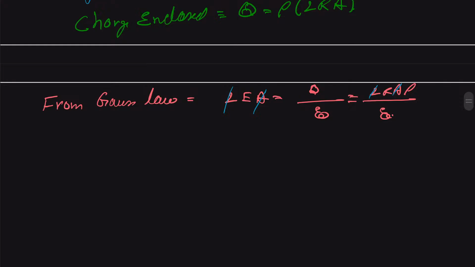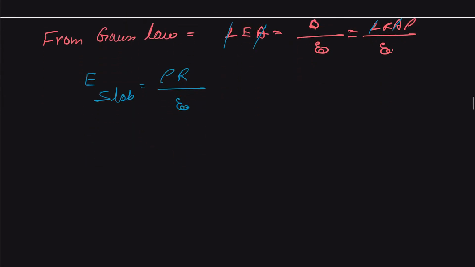Therefore we get that the electric field because of our slab is equal to rho r upon epsilon naught. These are standard formulas, and if you know the formulas, you can also directly solve it. We have to take care only of the slab, because here the thickness is given as 2r.